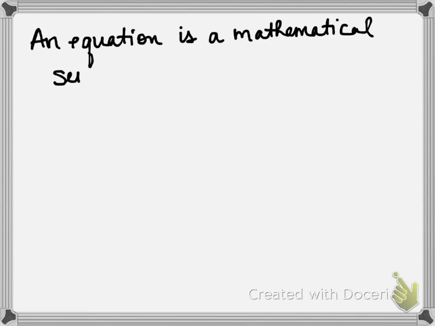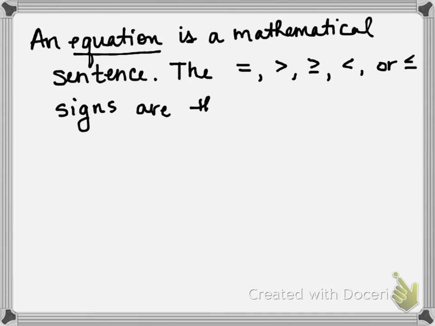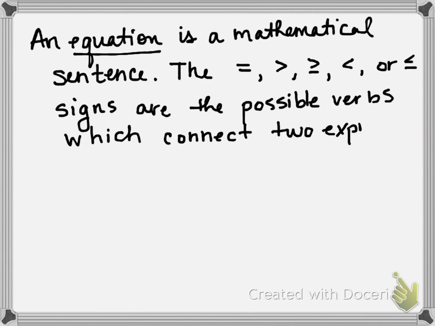Now, an equation is a mathematical sentence. Think about the difference in English. What's the difference between an English phrase and an English sentence? Well, we have equal sign, greater than or equal to, less than or equal to signs in equations.